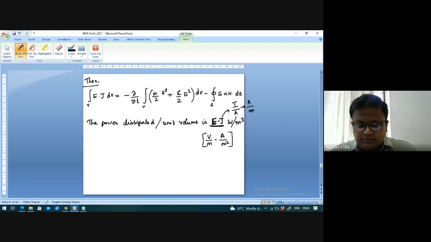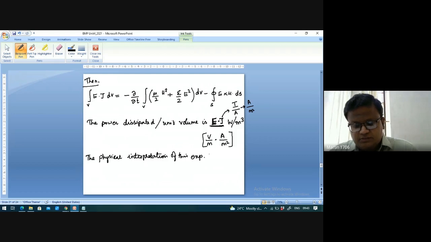So the physical interpretation of this expression follows from the law of conservation of energy. Actually, this entire thing is called the law of conservation. I will give you the statement: the physical interpretation of this expression from the law of conservation of energy.